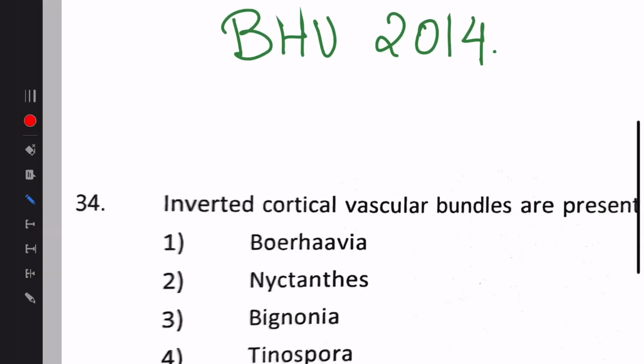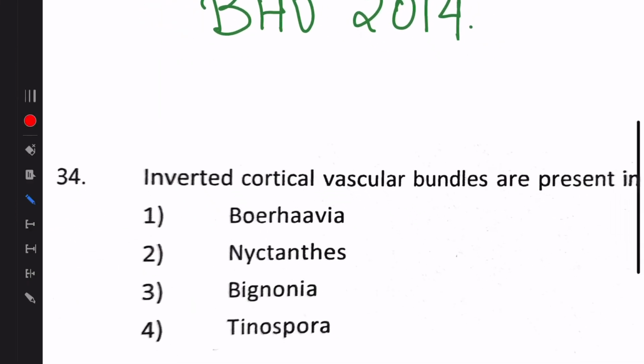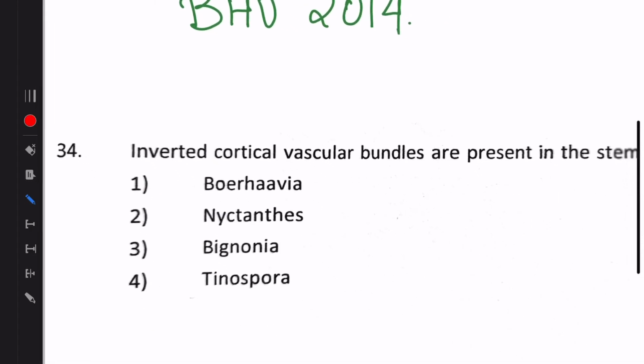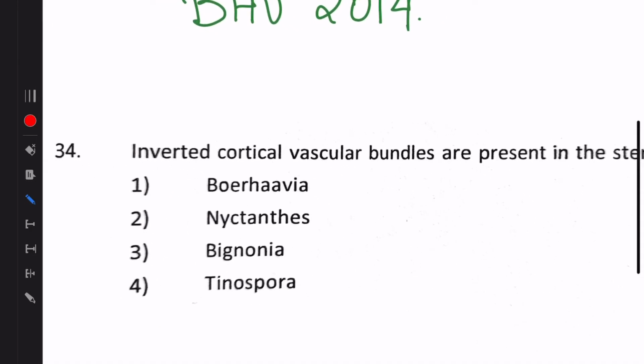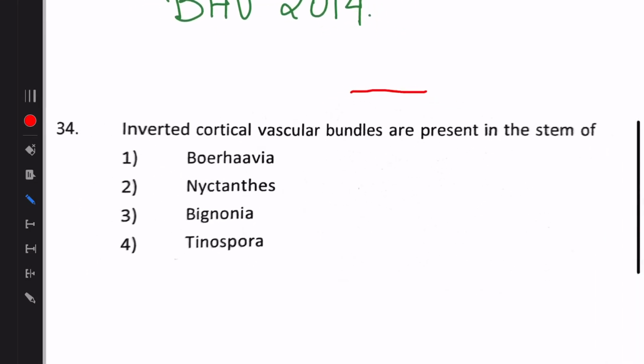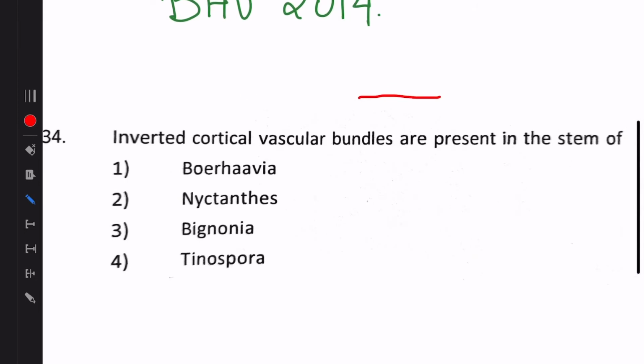Next. So now we are going to solve the PHU 2014 paper. First question: inverted cortical vascular bundles are present in the stem of 1. Boerhaavia, 2. Nyctanthus, 3. Bignonia, 4. Tinospora. Again, first of all we have to see that it's talking about cortical vascular bundles.